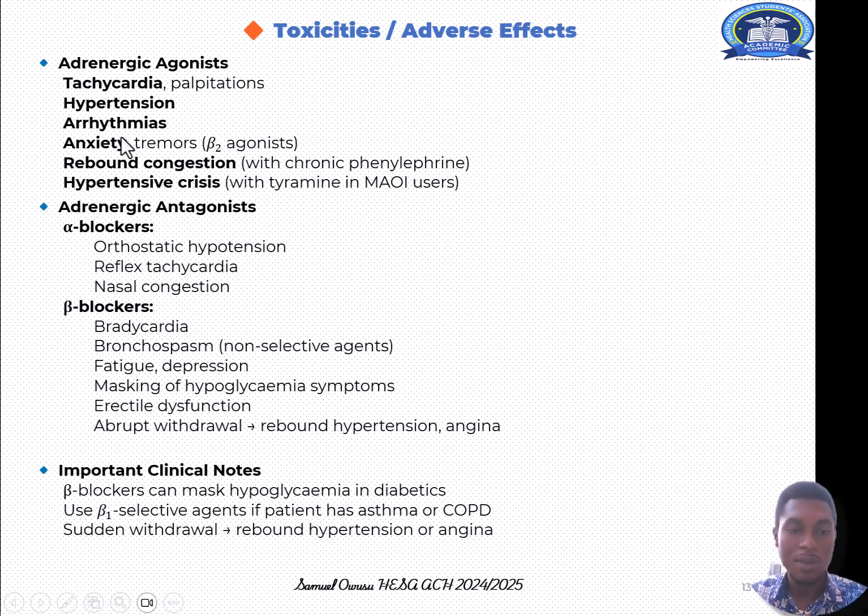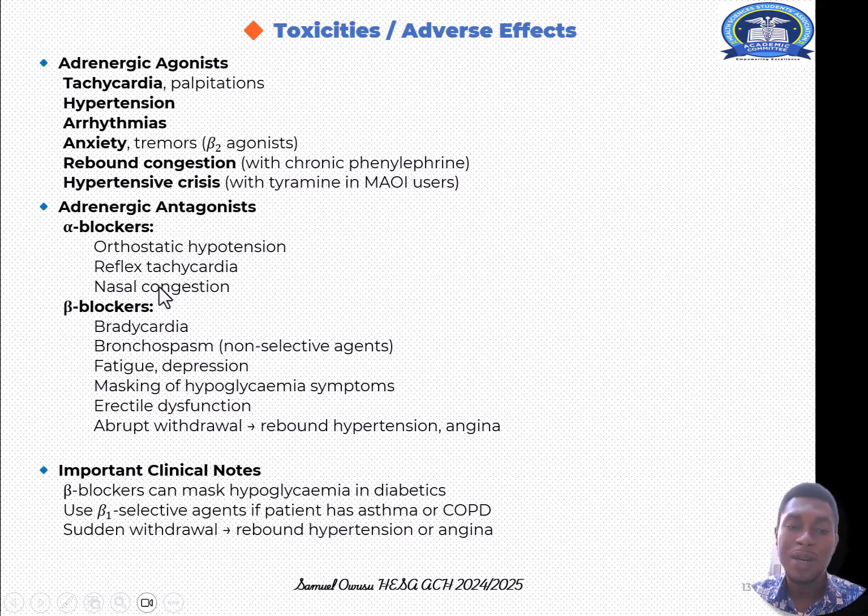It causes arrhythmias, anxiety, tremors, and there is also what we call rebound congestion with chronic phenylephrine use. It can also lead to hypertensive crisis, that's when you give tyramine in patients on MAO inhibitors.